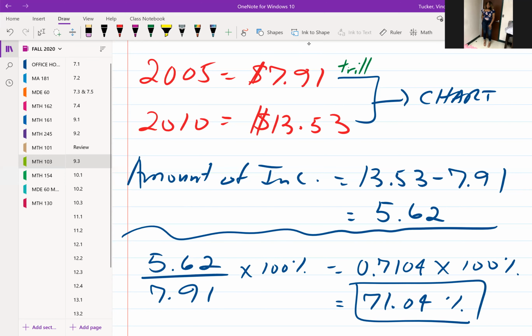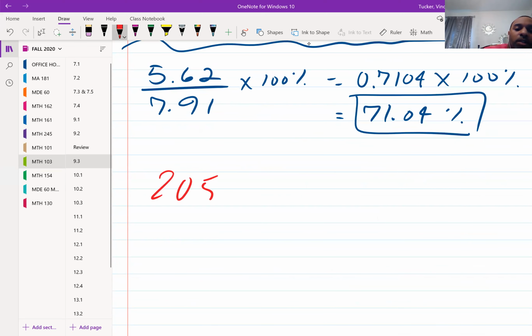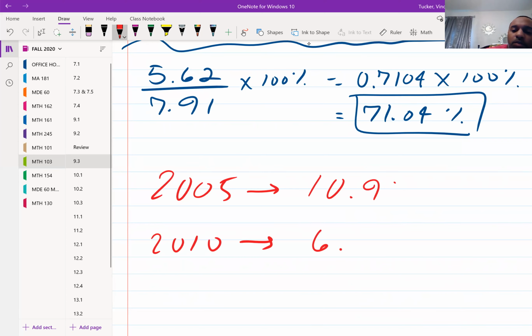Would you still subtract for the decrease as well, or would you add the numbers? Subtract, do the same as that process. Let's say if it was decrease, let's say in 2005 it was $10.9, and then 2010, it would have been 6.4.